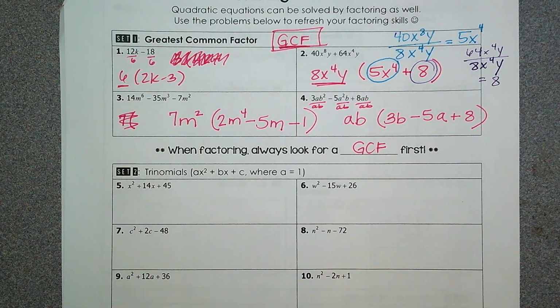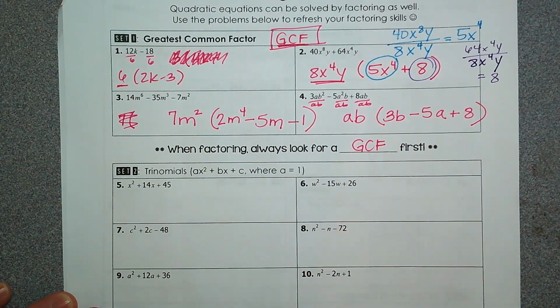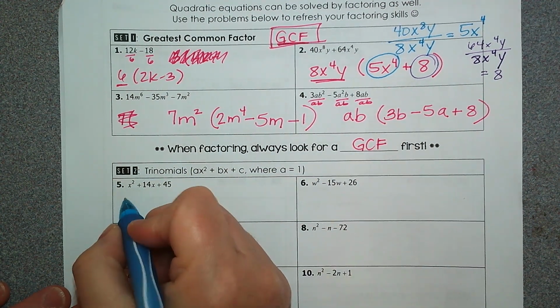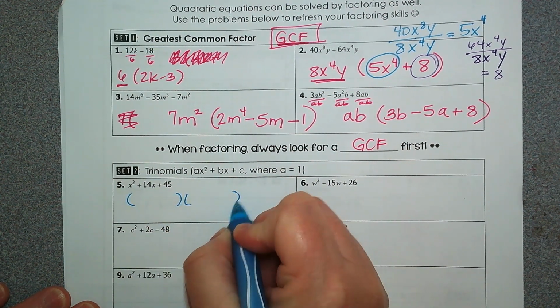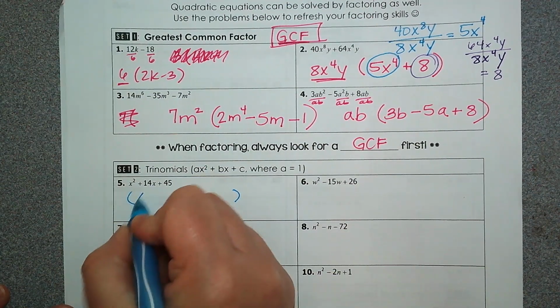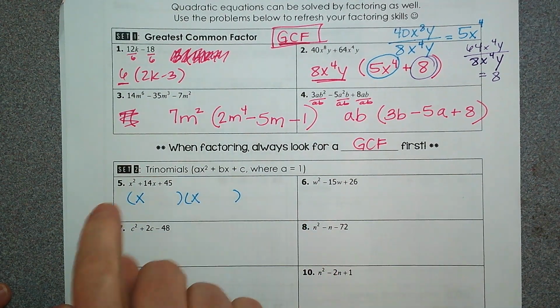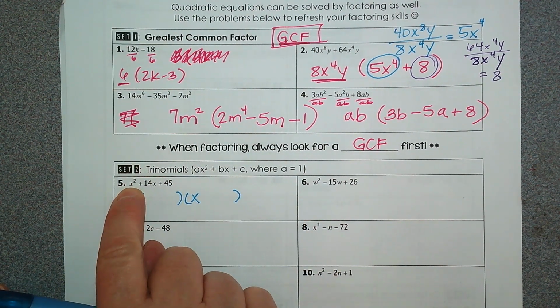When you have a trinomial, what is a trinomial? 3 terms. And A is equal to 1. This is how we factor. Set up 2 sets of parentheses. The first 2 terms multiply to give you x squared.